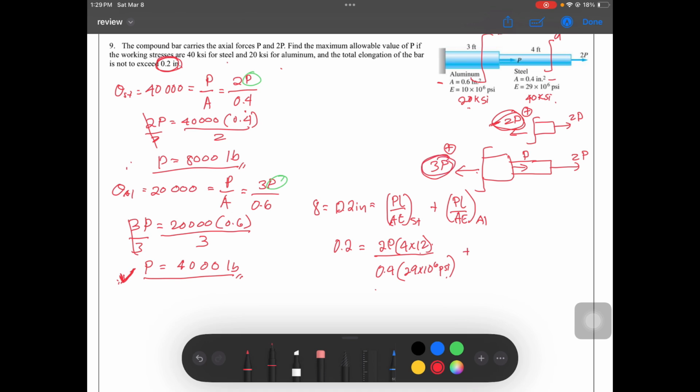And then, let's go to aluminum. Ang force ng aluminum is 3P. And then, its length is 3 feet. So, gawin nating inches. So, times 12. Ano ang area niya? It is 0.6. And then, ang E niya is 10 times 10 raised to 6 PSI.